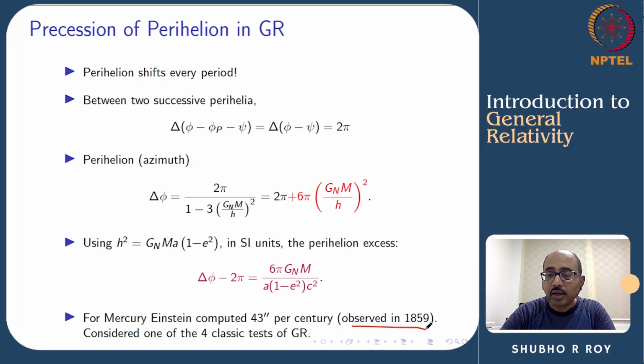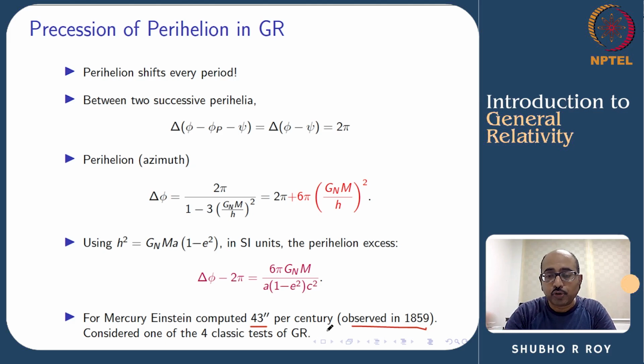So it remained unexplained for half a century till Einstein came along in 1916 with the general relativity paper. He showed that the GR correction can account for the observed perihelion excess of Mercury, which is 43 arc seconds per century. Of course, for one revolution, this perihelion excess is small, so it is not noticeable.